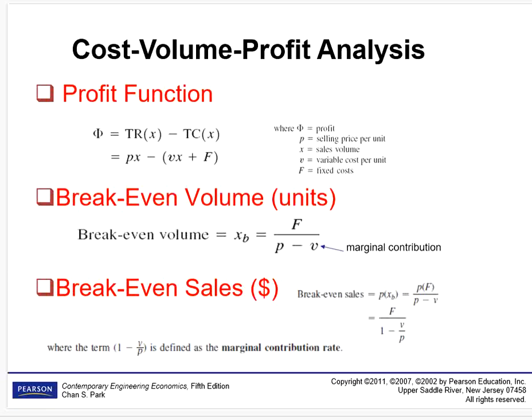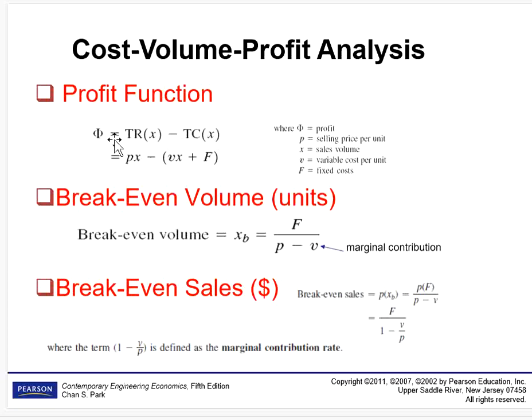So in this cost volume profit analysis we assume all the cost either as a variable cost or a fixed cost. And as you know, what is a profit? This is an equation for profit. Profit is revenue, total revenue minus total cost.